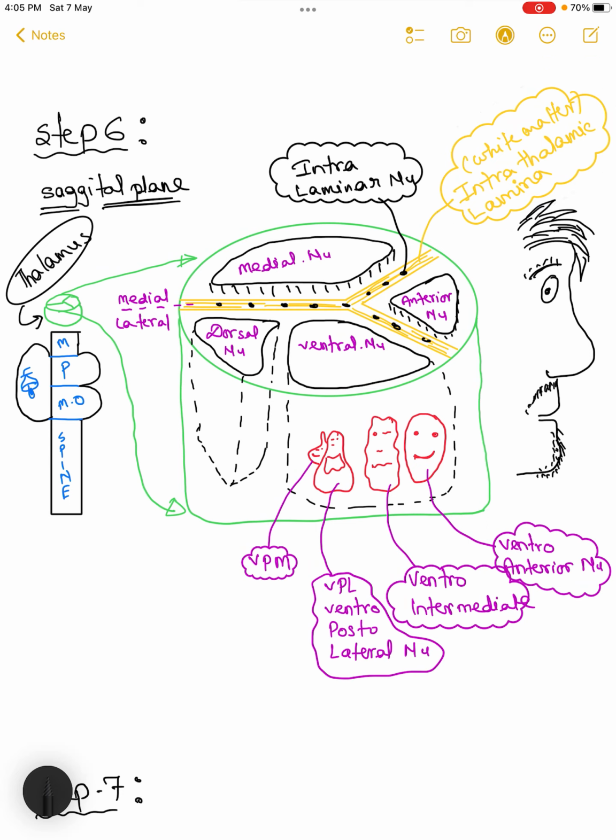What are these black dots known as? Intralaminar nuclei. Okay. Now again focus here. It will show the medial and lateral with respect to the intra-thalamic lamina. Okay.